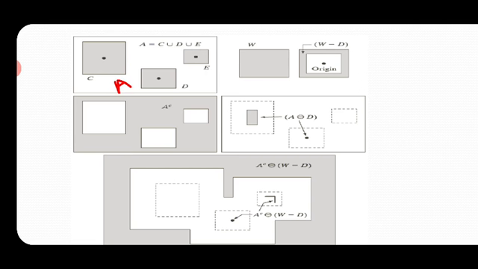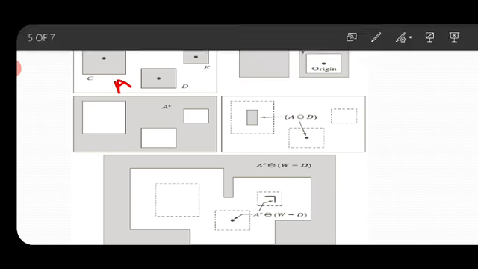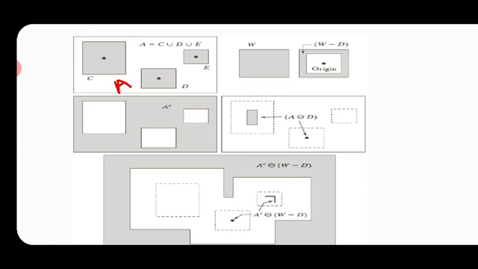Now W minus D is nothing but this D, you keep it here, that is W minus D. Whichever portion, the other portion will be W minus D, and you will end up with the values.